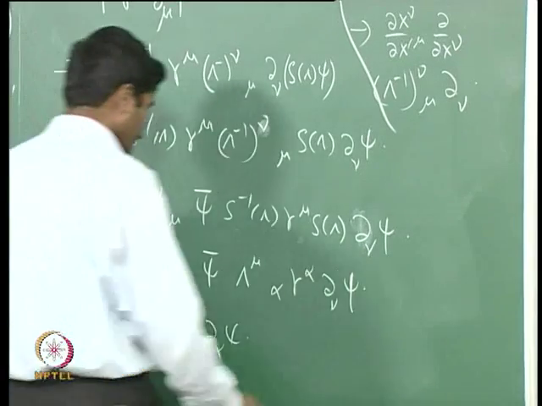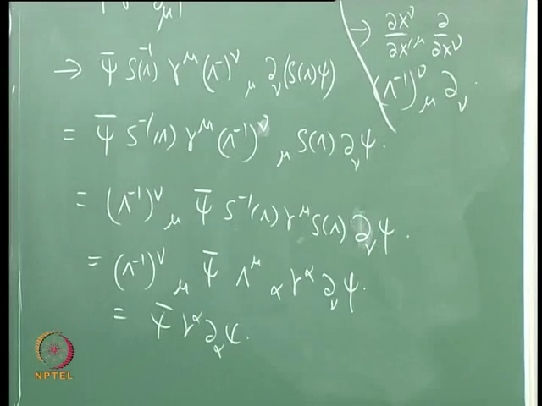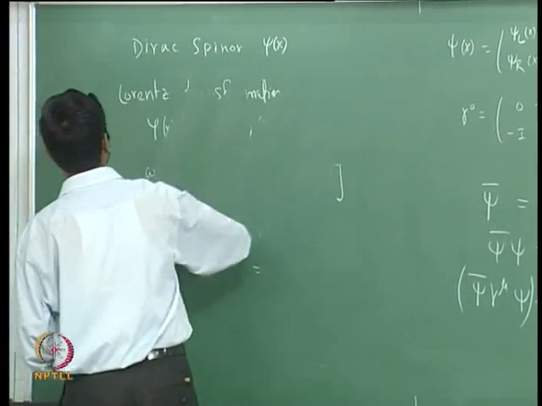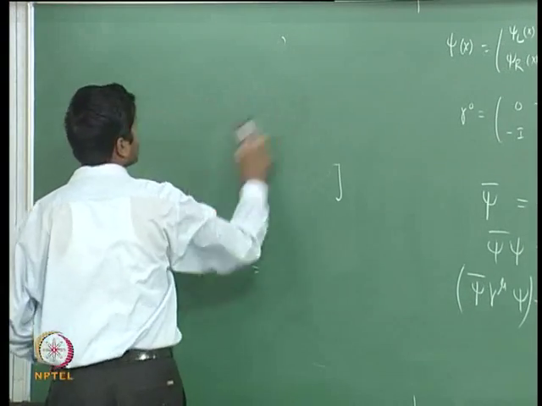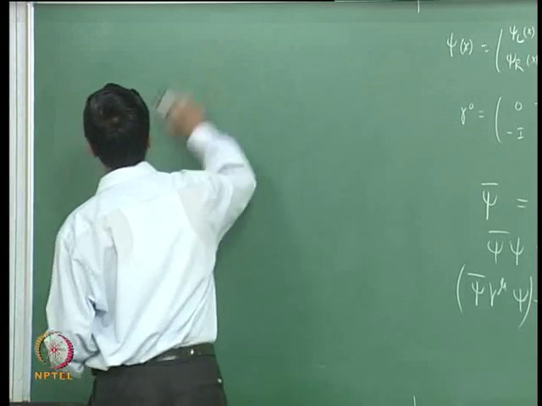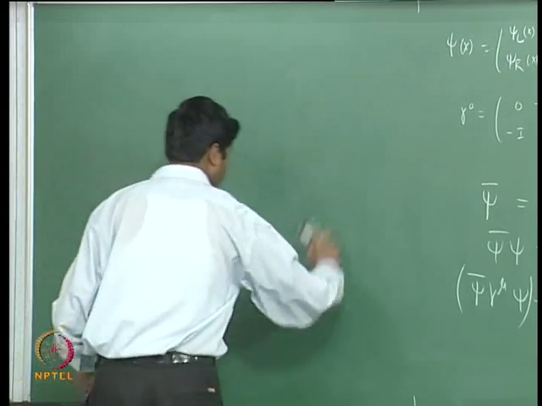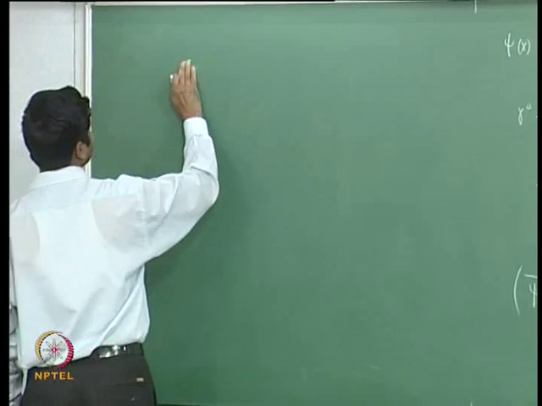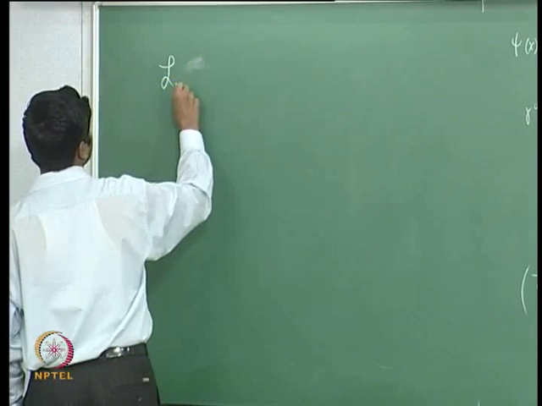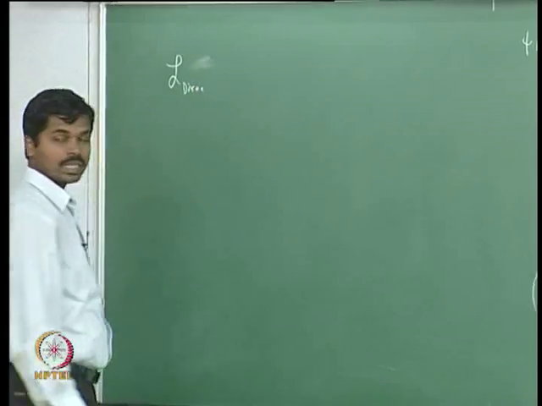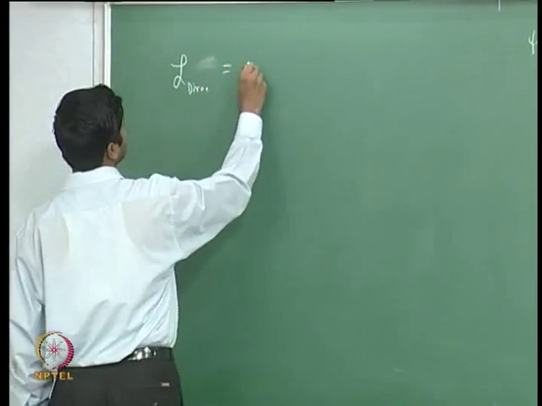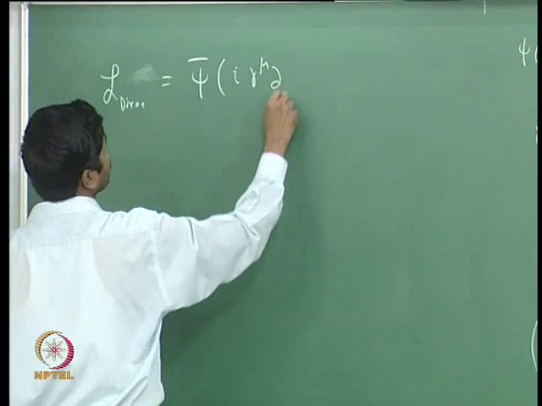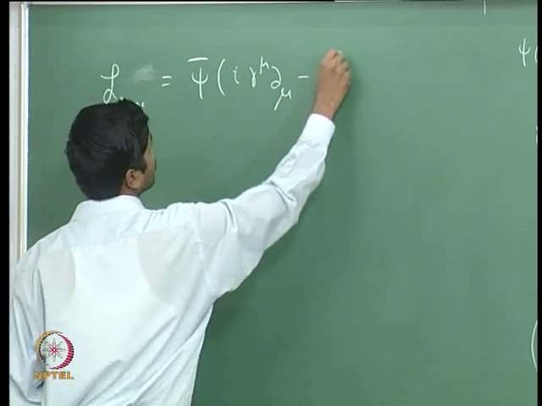So, we can have a Lagrangian density for a massive spin half field, and the Lagrangian density is given by L Dirac. The Dirac Lagrangian is psi bar i gamma mu del mu minus m psi.